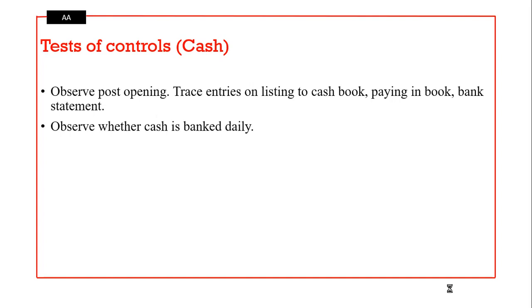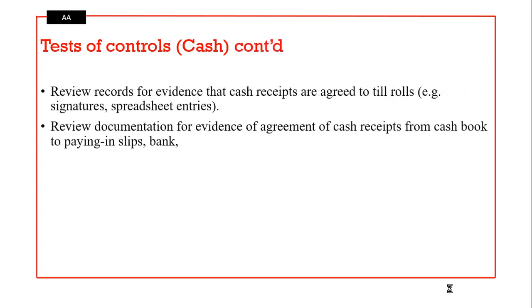Remember, if there's no daily banking, this could mean that cash might go missing without the notice of management. Review records for evidence that cash receipts are agreed to tills. Again, this is very important for completeness and accuracy of takings or sales.